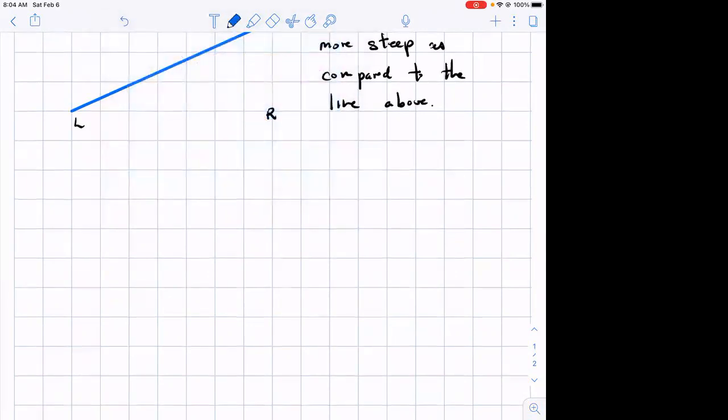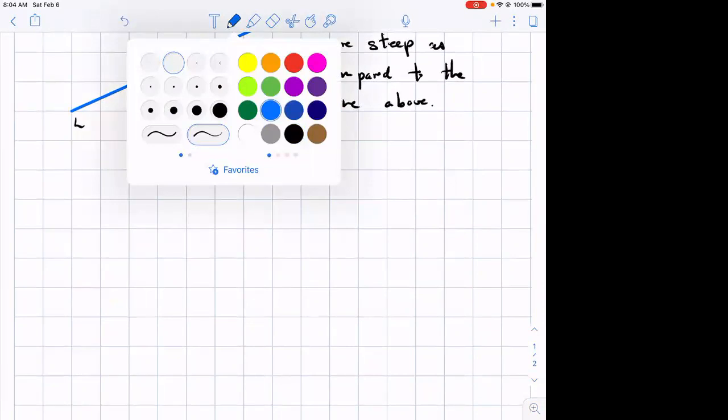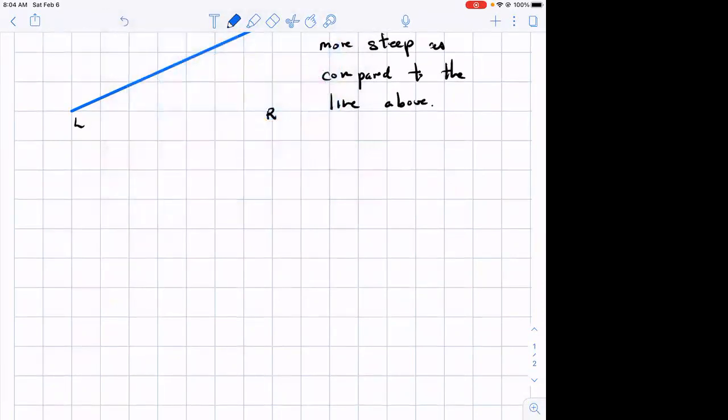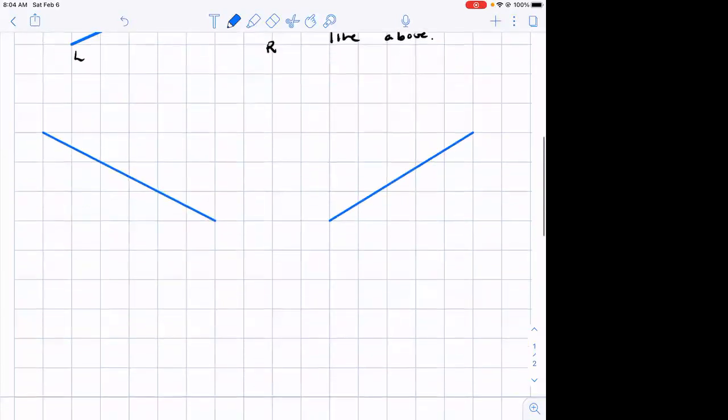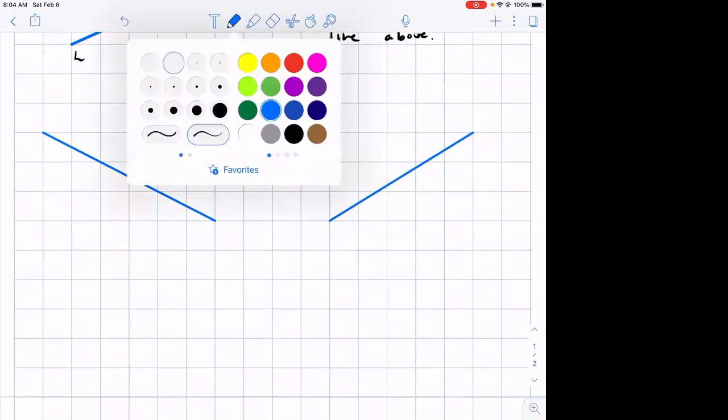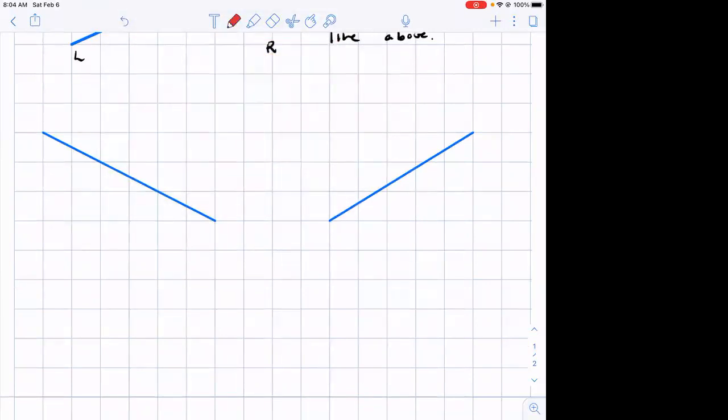So, for example, if I look at this line versus this line here, we can say that the slope of this line, because this is the left, this is the right side, this slope is negative.